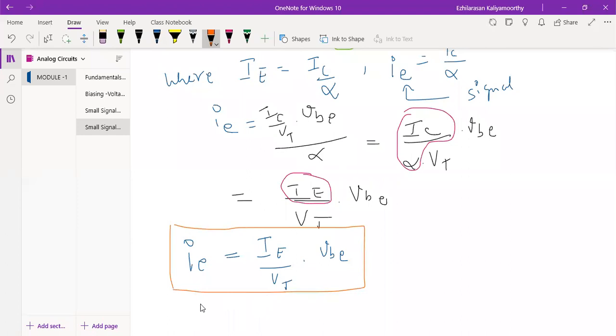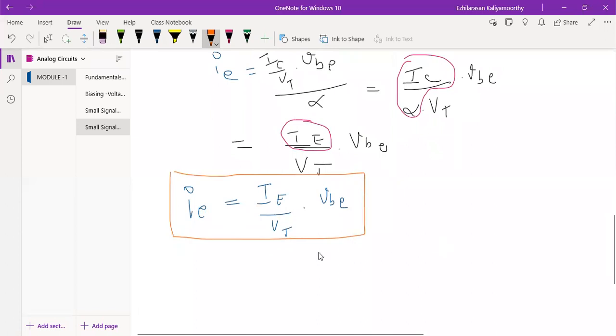If we denote the small signal resistance between the base and the emitter, looking into the emitter, by RE, it can be defined as the emitter resistance. Now we have to calculate RE. As per Ohm's law, R equals V by I, so RE is equal to VBE by small IE.